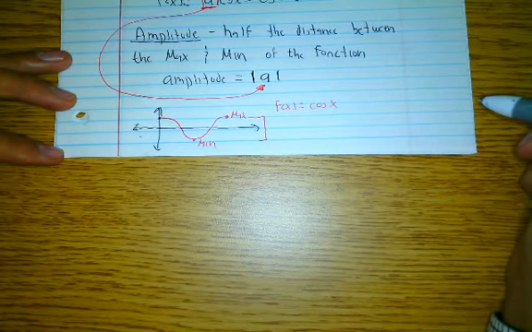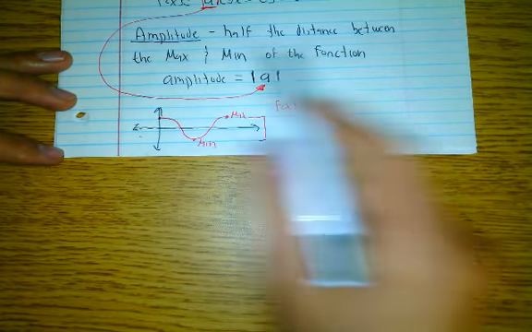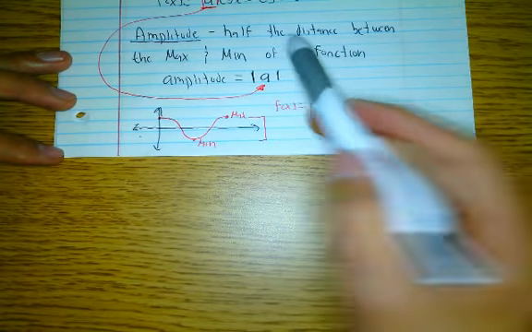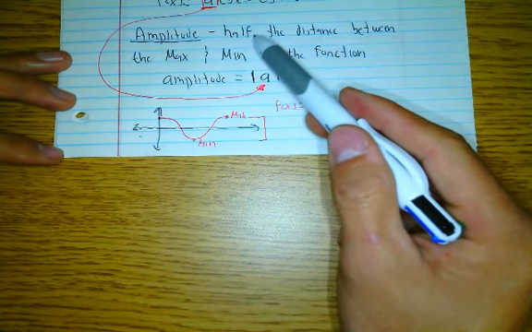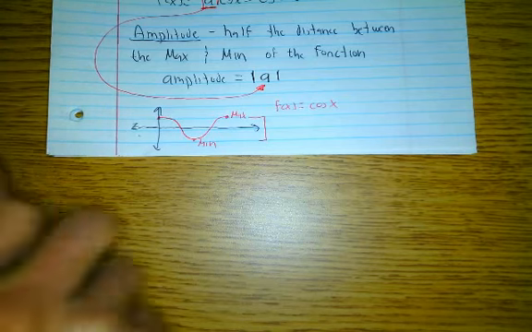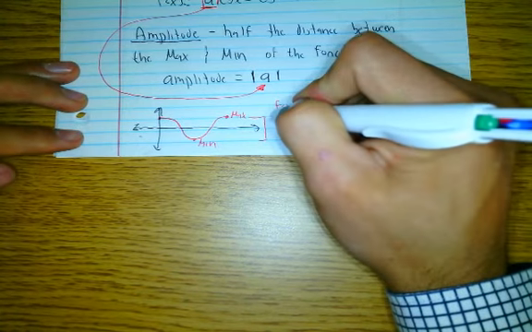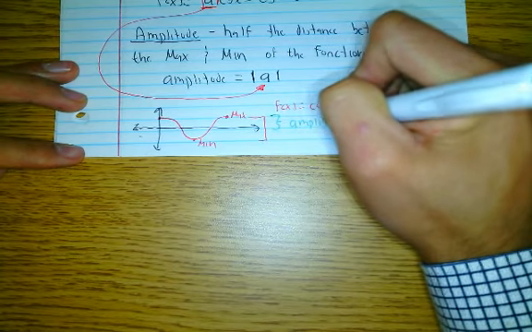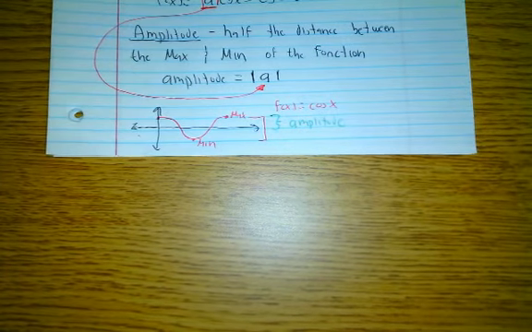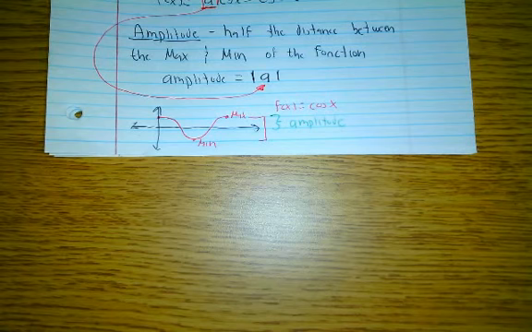So the amplitude becomes from here to here. That's my amplitude. Half of the distance between the maximum and the minimum. The distance between the maximum and the minimum is this much. Half of it would be from here to here. That's your amplitude.